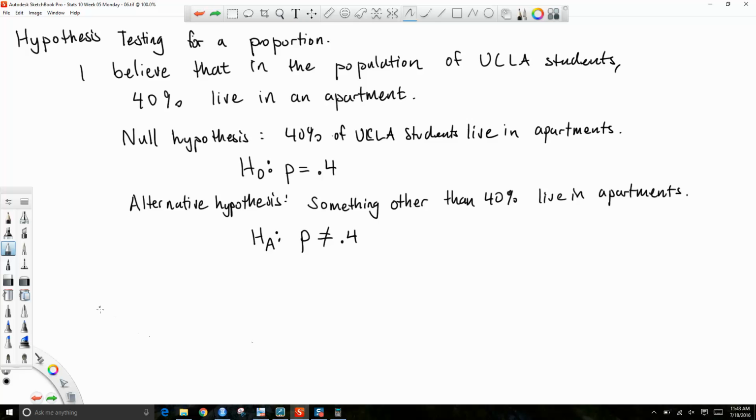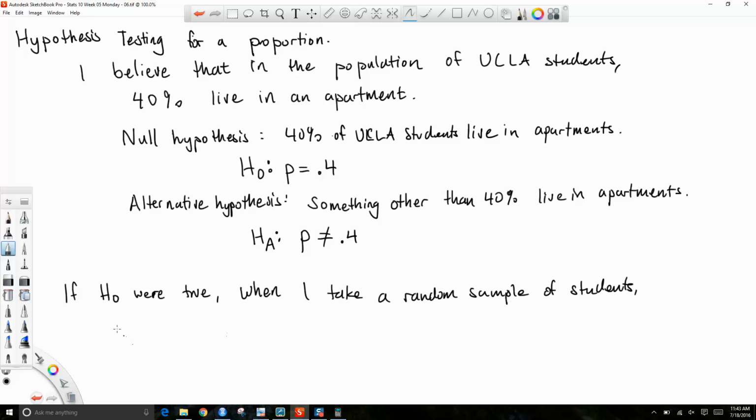So if the null hypothesis were true, when I take a random sample of students, we would expect what? What can we expect about p hat, our sample proportion?